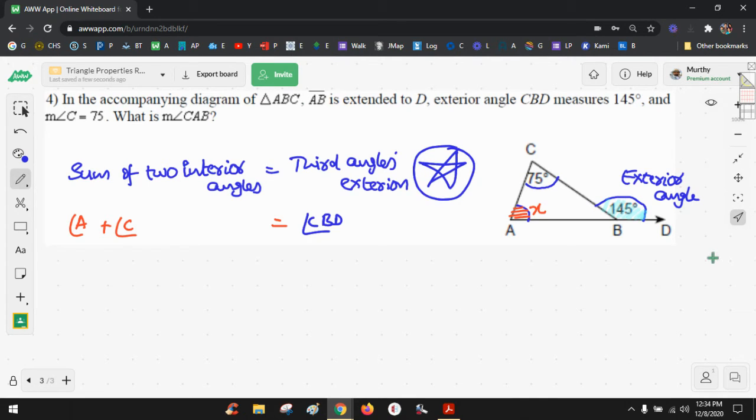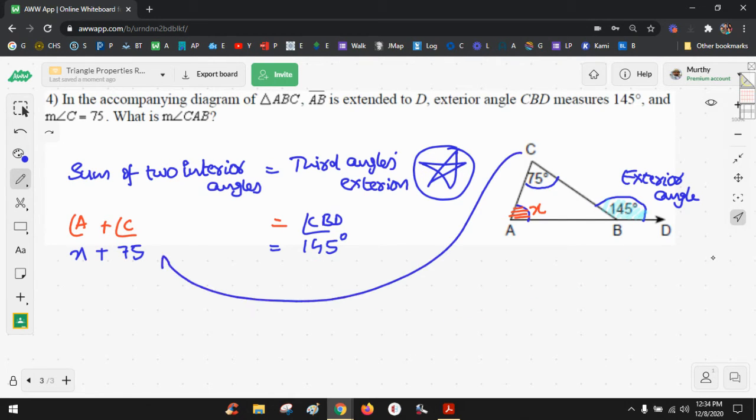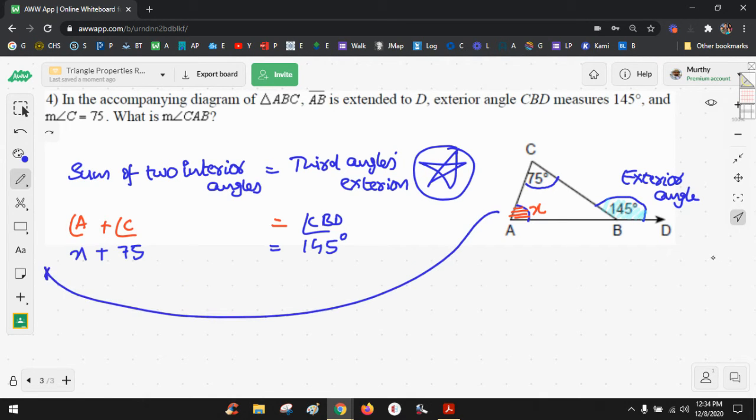So the value of angle A is x, and the value of C is 75, equal to CBD, which is 145 degrees. Please see that this is taken here, the value of C is taken here, 75 degrees, and the value of A here I am taking as x.